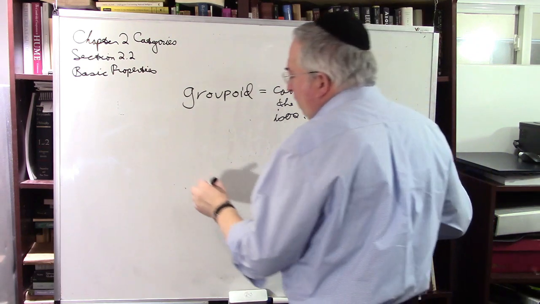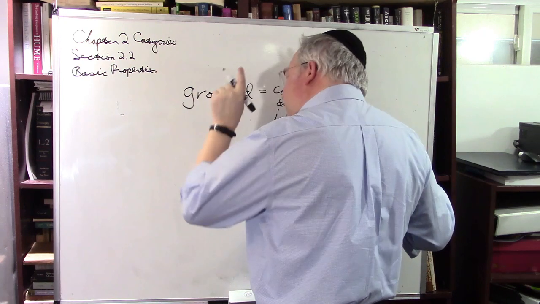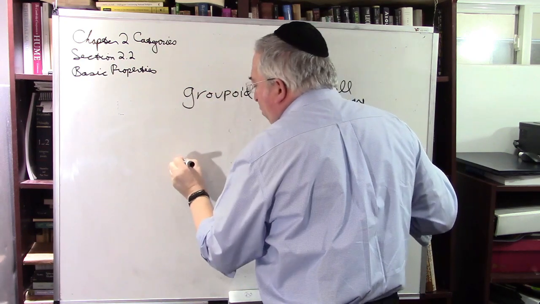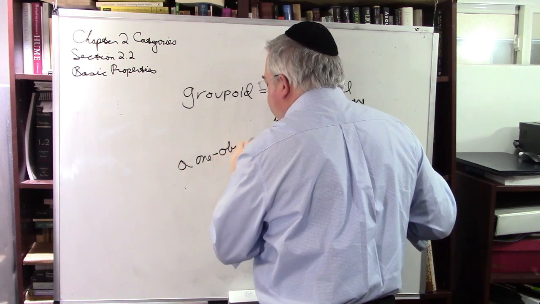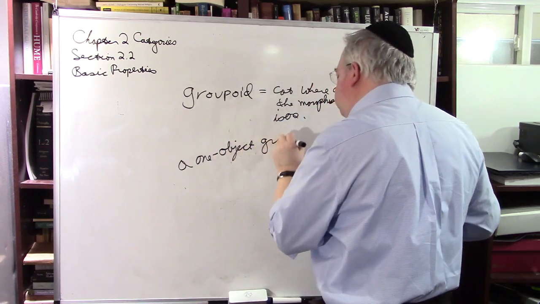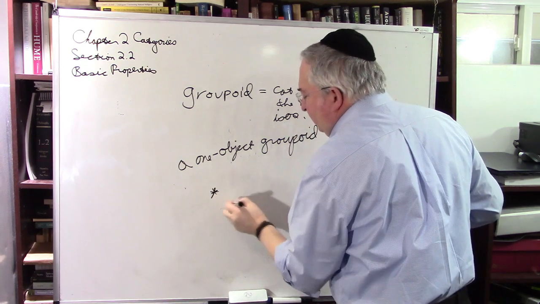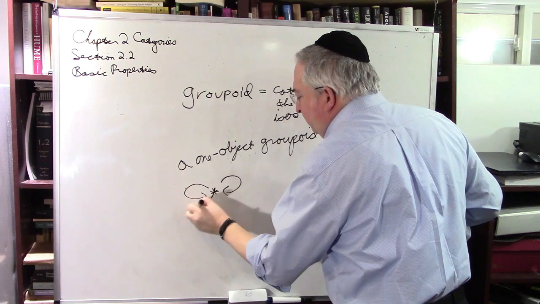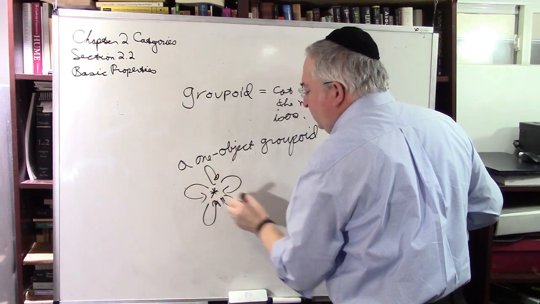Now, an example of a groupoid, a one-object groupoid. Let me show you what that looks like. That's one object over here, and lots of morphisms from that object to itself.